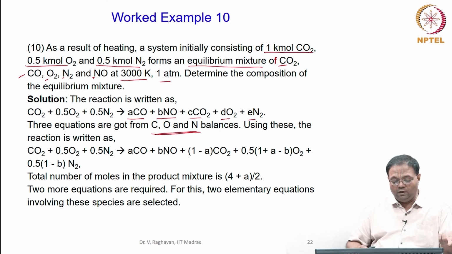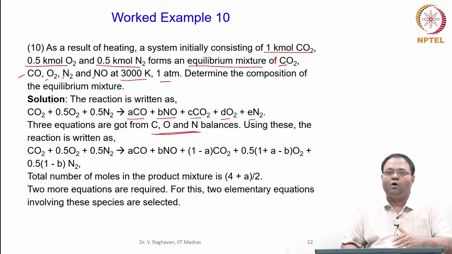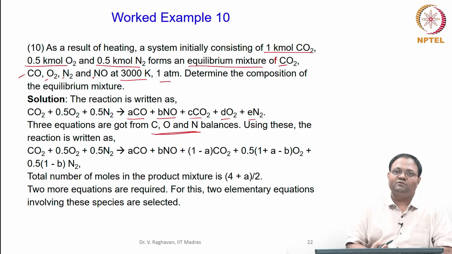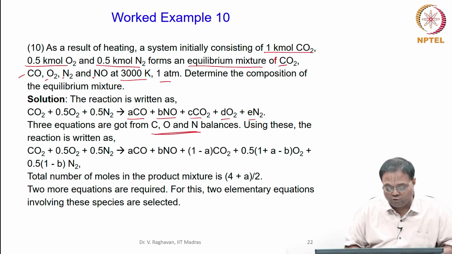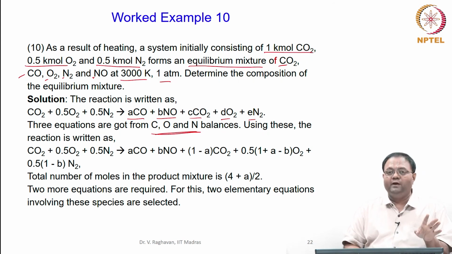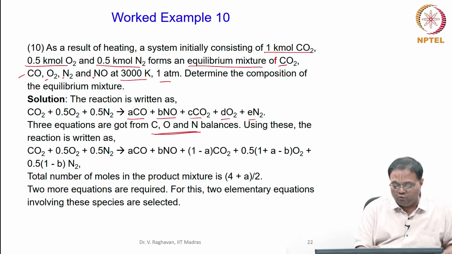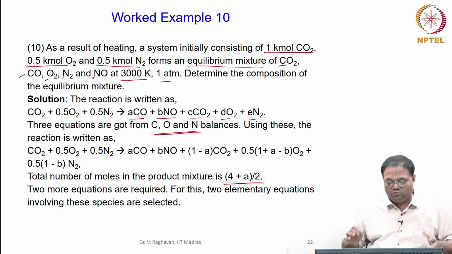But we have already used the atom balances, so you cannot use the atom balance anymore. So the 2 unknowns should be solved by using equilibrium equations. So the total number of moles comes out to be 4 plus A by 2. You have to use it for the total number of moles later.